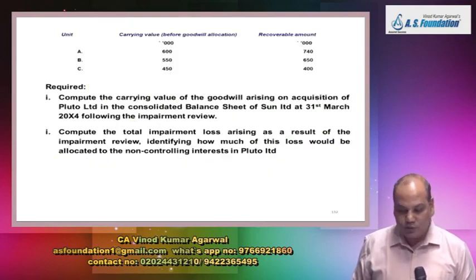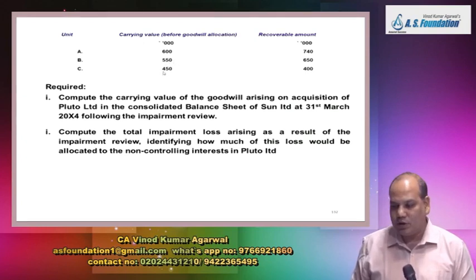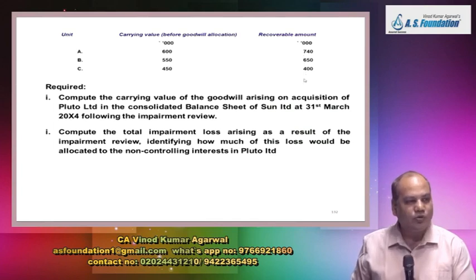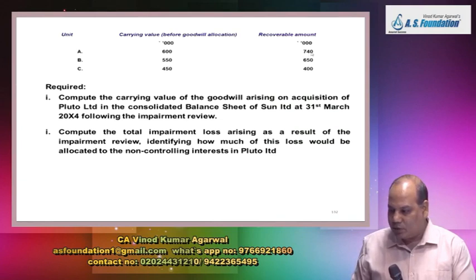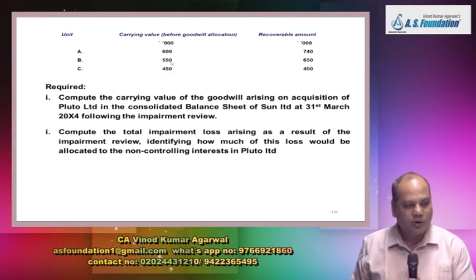You have a goodwill of 260, and the CGUs' carrying amounts before goodwill allocation are 600, 550 and 450, and the recoverable amount is also given. Look at it carefully. If the recoverable amount is given, then first you apply impairment testing before allocation of goodwill. Which CGU has impaired?